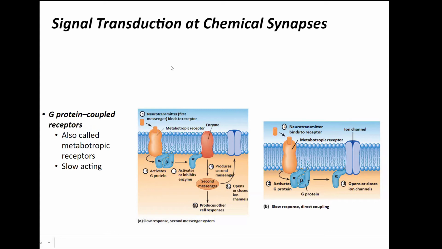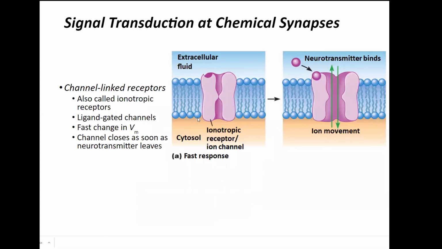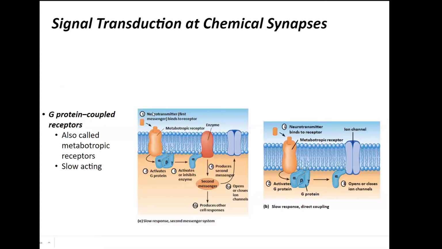Basically, a G protein coupled receptor, just like our ionotropic receptors, starts to work when a neurotransmitter binds to the receptor. But a G protein coupled receptor is not an ion channel itself, really. A metabotropic receptor, a G protein coupled receptor, has on the inside of the membrane, on the intracellular side, something called a G protein.